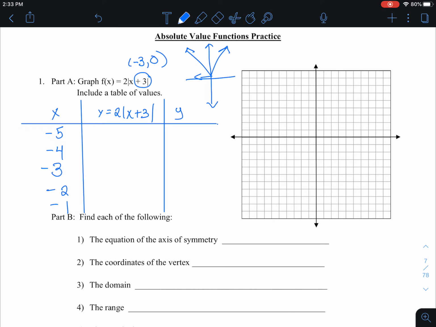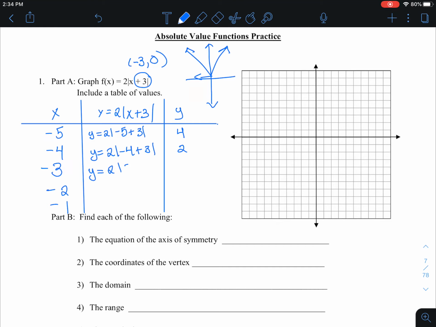So we have the x values, and we want to find the y values, so we use the given rule to calculate our y values. So y equals 2 times the absolute value of negative 5 plus 3, and so y will be 4. Y equals 2 times negative 4 plus 3, so y will be equal to 2.